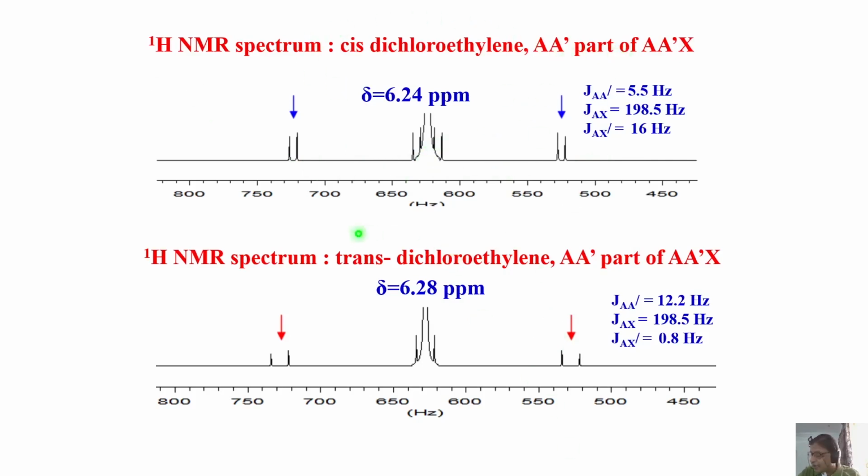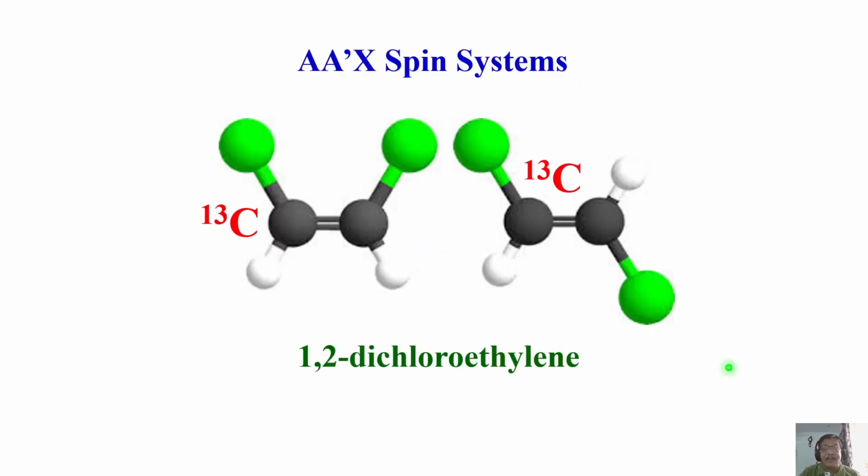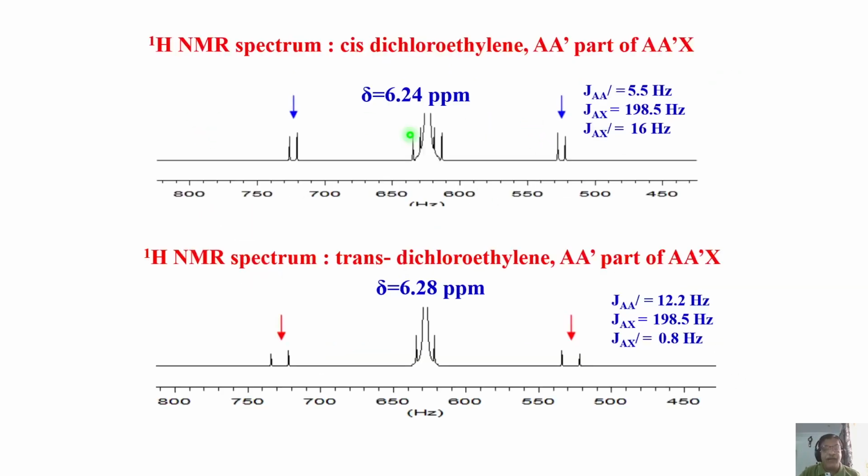What happens if I go to trans dichloroethylene? Remember, cis and trans, if I take configuration, the trans coupling is always larger than the cis coupling. Very clearly obvious here. See this separation, this J coupling is 5.5 Hertz. Look at this separation. If you measure the AA prime coupling, it is 12.2 Hertz. This clearly tells me, if you give me cis dichloroethylene and trans dichloroethylene, I take a proton spectrum, I'll get a single peak.